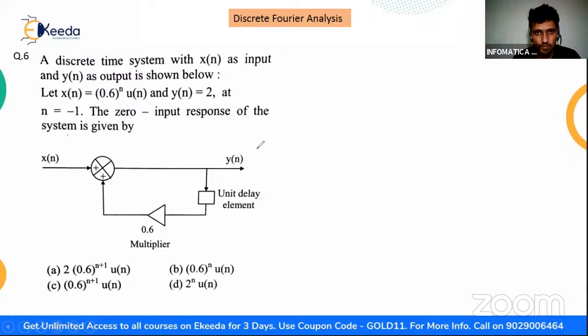Simply we can say yn is equal to xn plus 0.6 multiplied by y of n minus 1, where this is the unit delay and this is xn. So this is yn, and this will be yn minus 1 here, multiplied by 0.6.